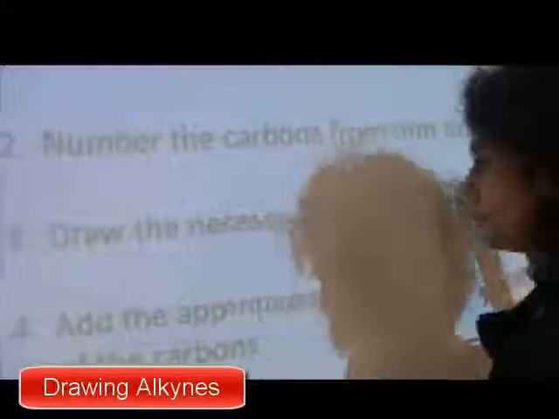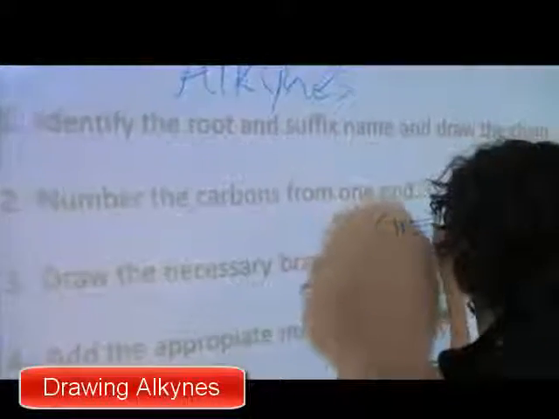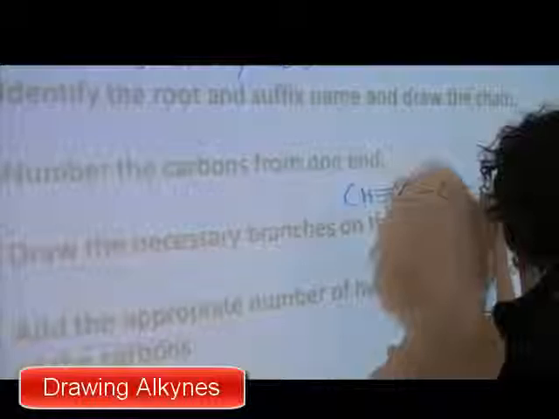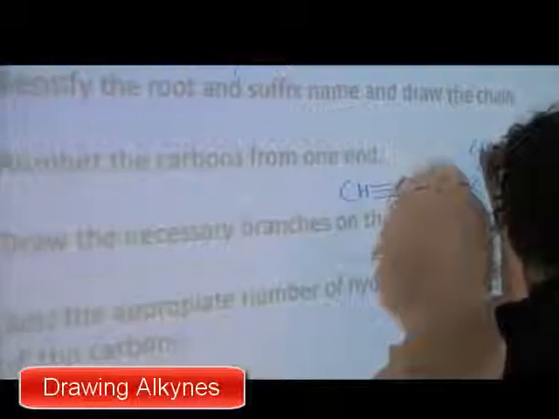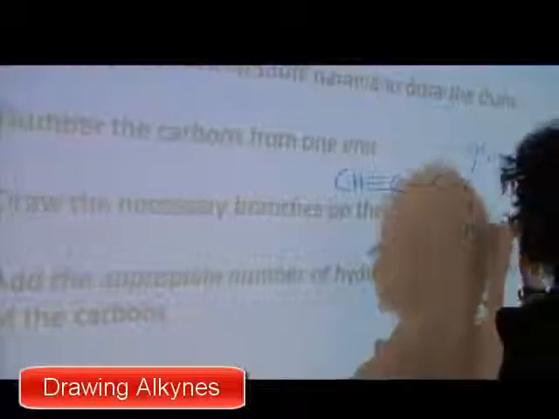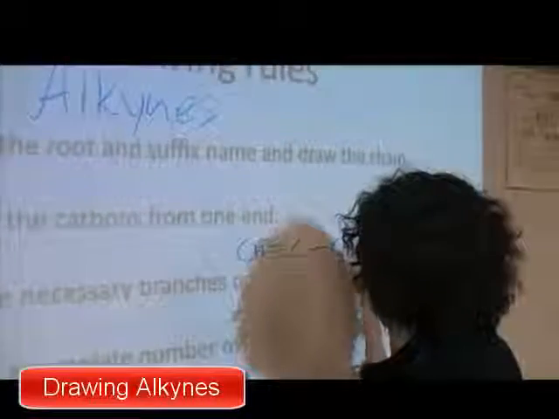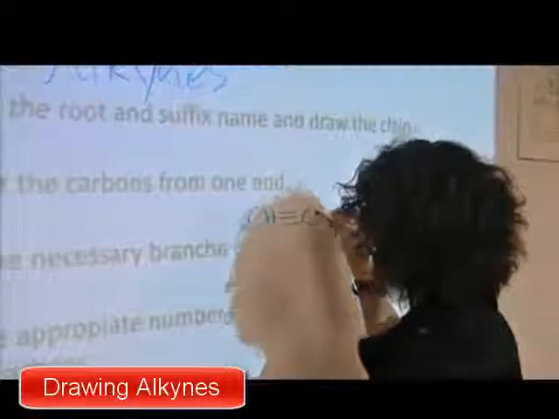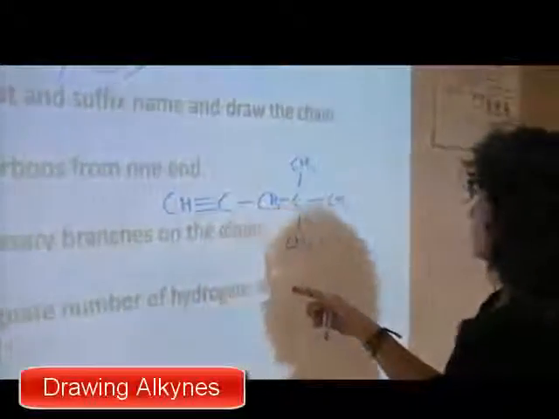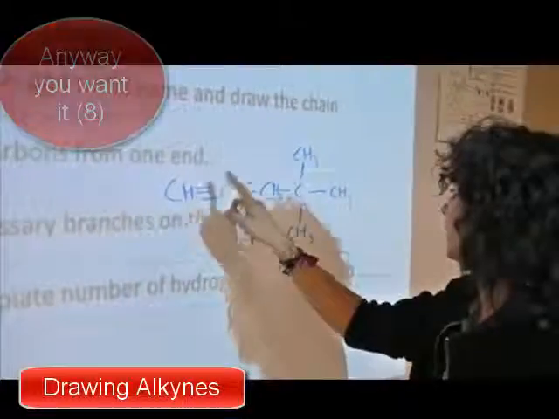So it would be C, 1, 2, 3, C, 3, now we have hydrogen, and the parent chain will be like this, or like this, or like this.